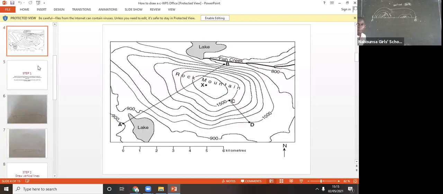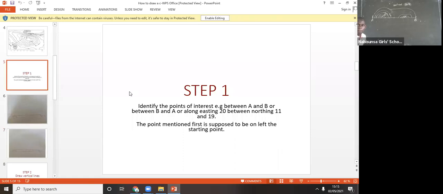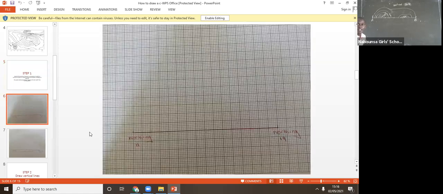Identify the points of interest, e.g., between A and B, or between B and A, or along easting 20 between northing 11 and 19. The point mentioned first is supposed to be on the left, the starting point. Have you got it? Are you seeing that 11 was mentioned first, so this is how we do it.